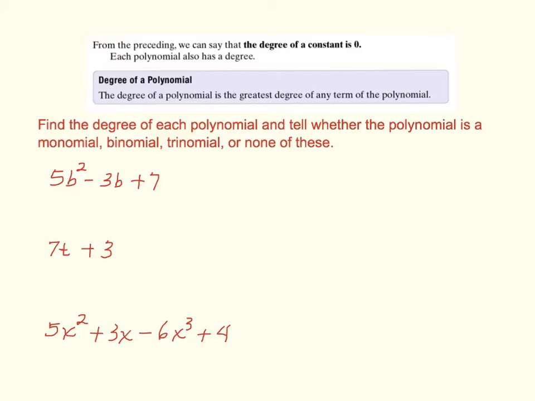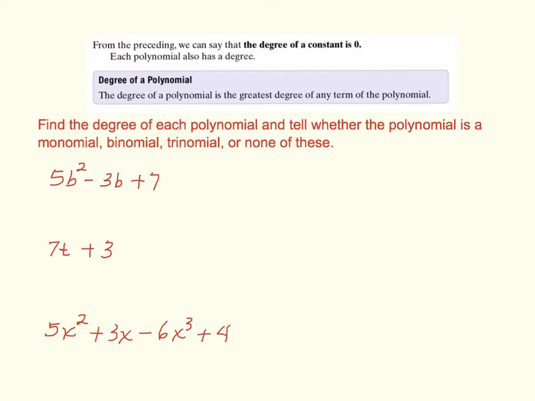Okay, so you have terms, and a term has degrees. Then those terms make up polynomials, and the polynomials have a degree. And it's the greatest degree of any term in the polynomial. So if we were to find the degree of each polynomial listed here, we can tell whether it's a monomial, binomial, or trinomial, or none of these.